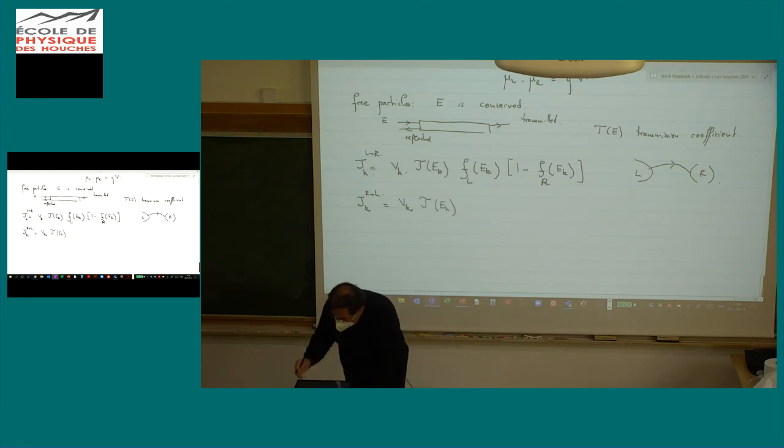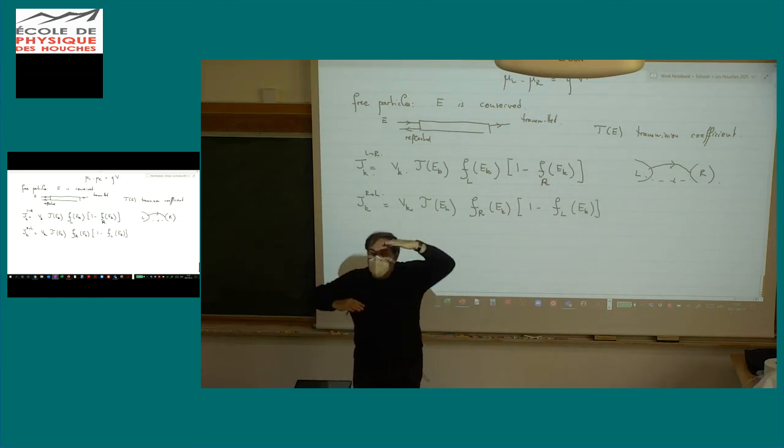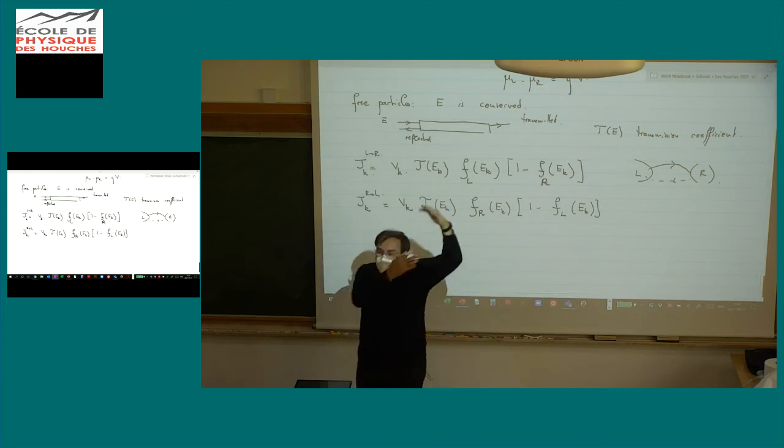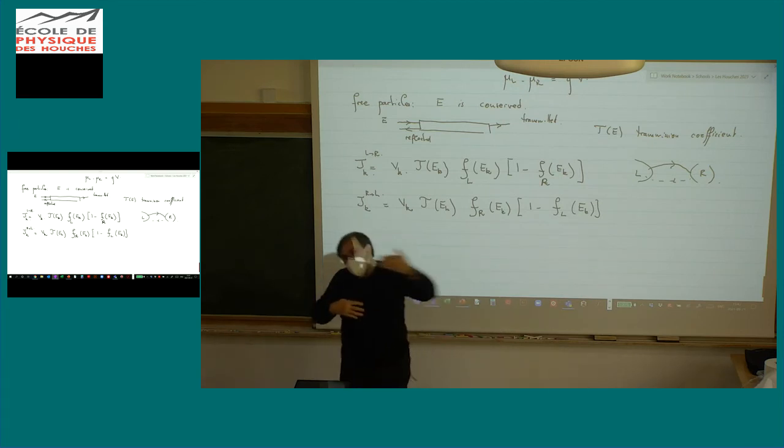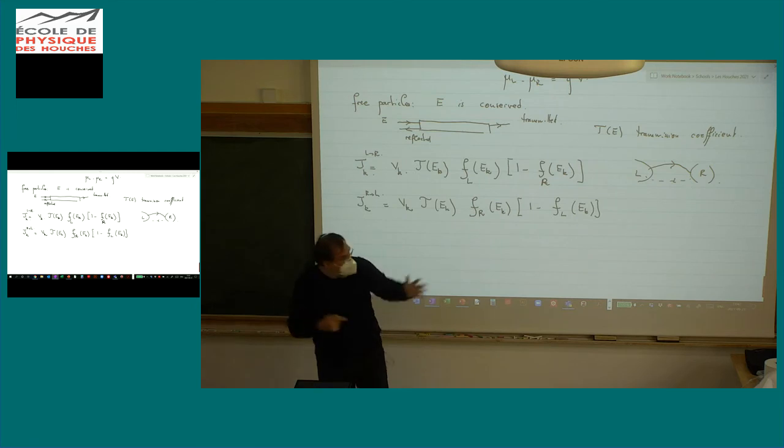But, of course, now if I want to have a current in the opposite direction, I need that the state is occupied on the right, and I need that the state is empty on the left. Which usually, if I impose a large chemical potential difference, will not be so easy. I have to climb uphill. So I have more chances to end up on a state which is occupied if I try to go that way than if I try to go that way. But okay, I have to write this.